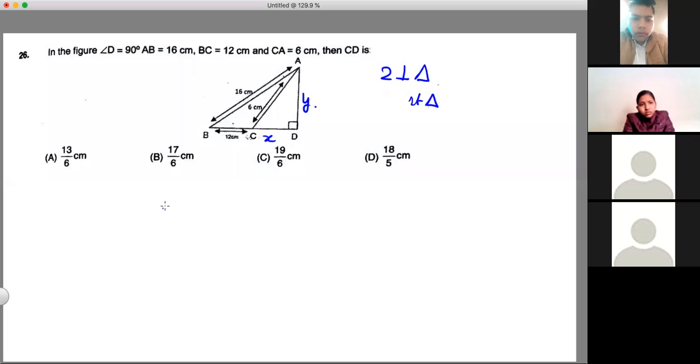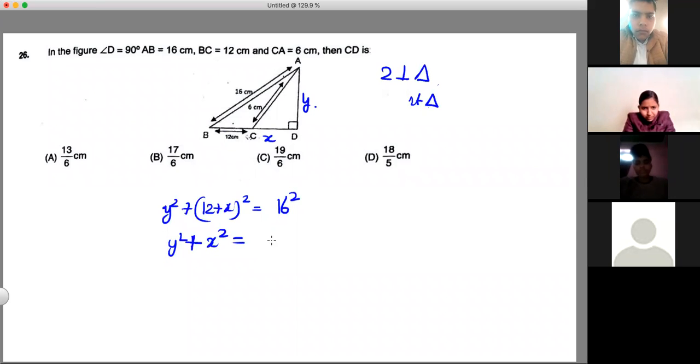Then we know y square plus (12 plus x) whole square is equal to 16 square, and for the smaller one, y square plus x square is equal to 6 square. I get two equations and two variables, so I can definitely solve it.